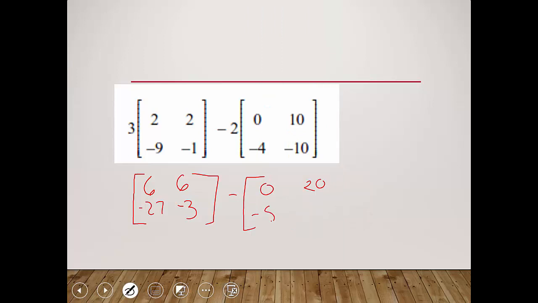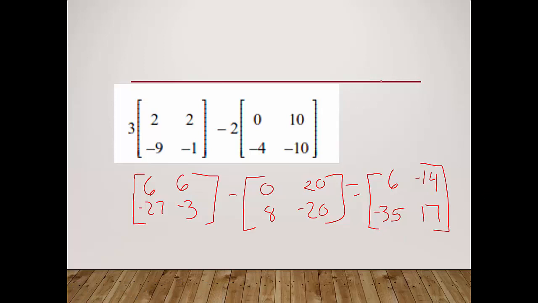Now we can subtract the corresponding elements. So 6 minus 0 is 6. 6 minus 20 is -14. -27 minus 8 would be what? -35. And then -3 minus -20 would be -3 plus 20, so that would be a 17. That would be our final answer right there. You've got to do the scalar multiplication before you do any addition or subtraction. It's like order of operations.